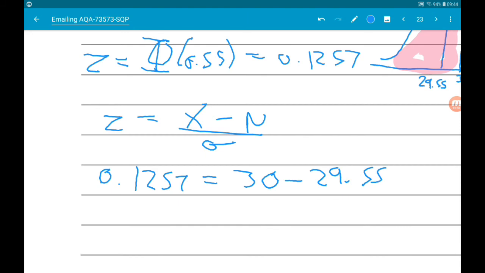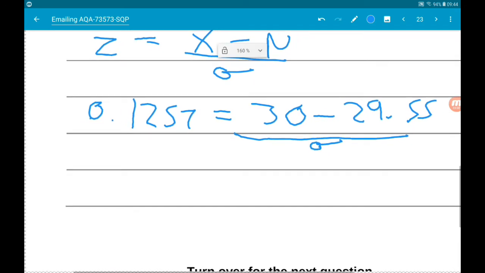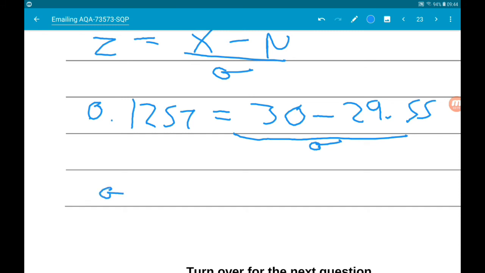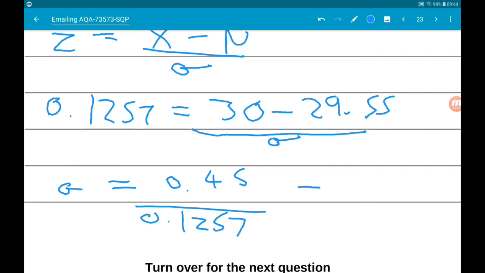And then we don't know sigma. So if we multiply through by sigma and divide by 0.1257, up on top we get 0.45 divided by 0.1257, which does, to one decimal place, give us 3.6. Go.